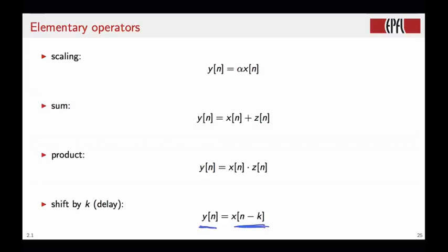It's sometimes a little bit confusing, but if you want to think about it very quickly, y[0], the output sequence at 0, is equal to x[0 minus k], so x[minus k]. This is in the past, so it is the signal x from index minus k.